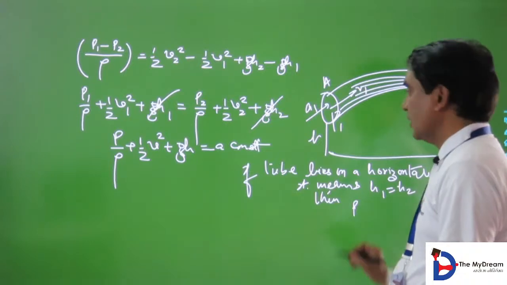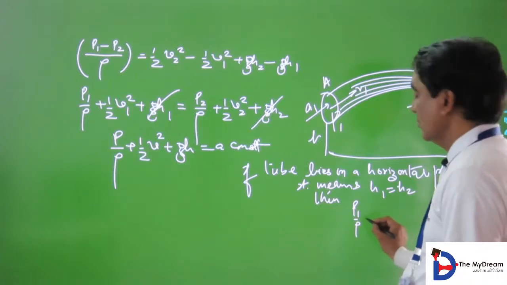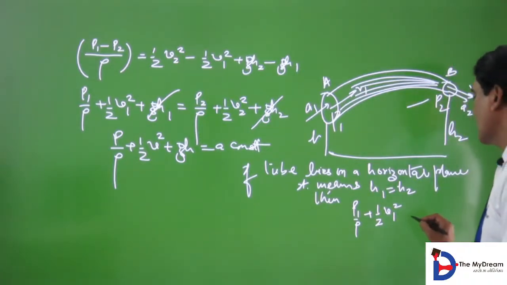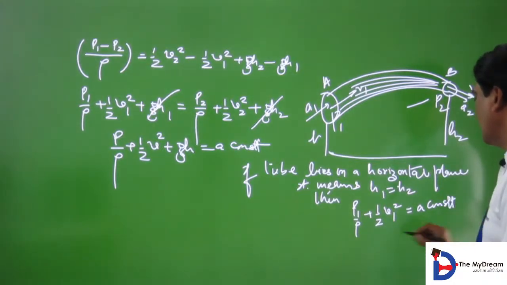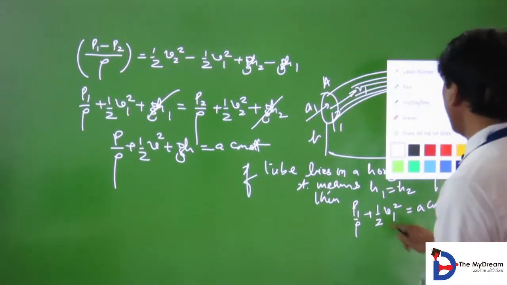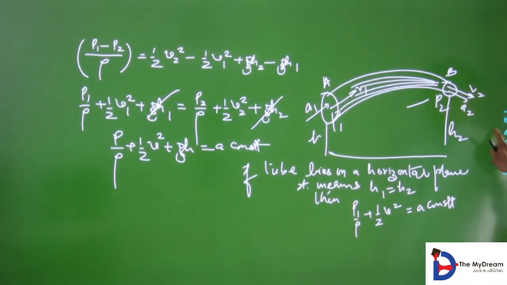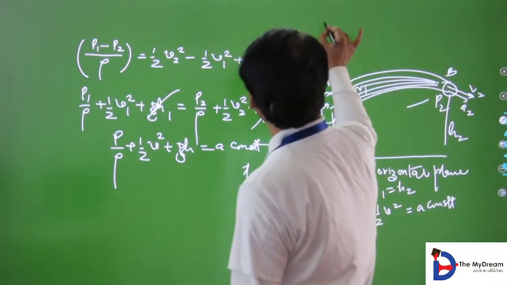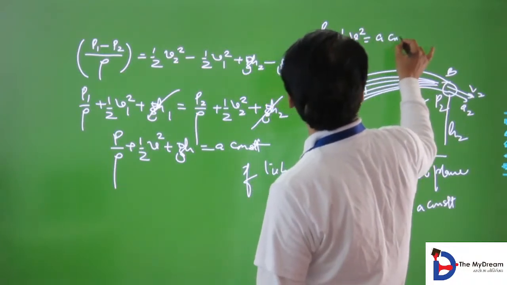So P by rho plus half V square is equal to a constant if it lies horizontally.